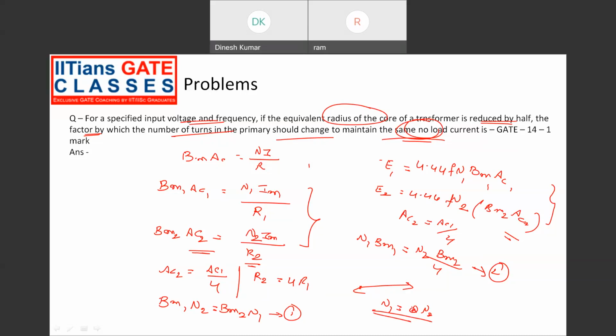Sorry guys, N1 equal to N2 by 2, because BM1 I can write as BM2 times N1 by N2, right? So this BM2 cancels. So N1 square equal to N2 square by 4, N1 equal to N2 by 2. Okay, we'll go to the next topic.